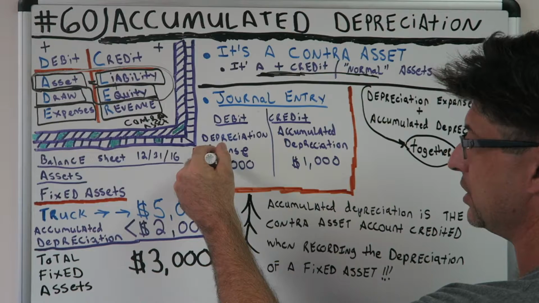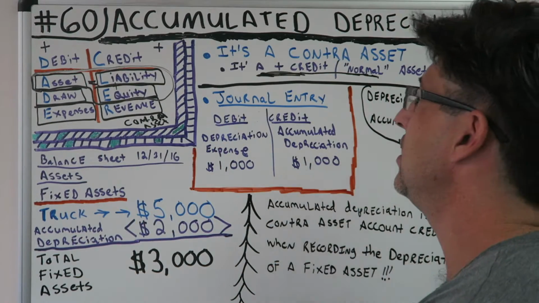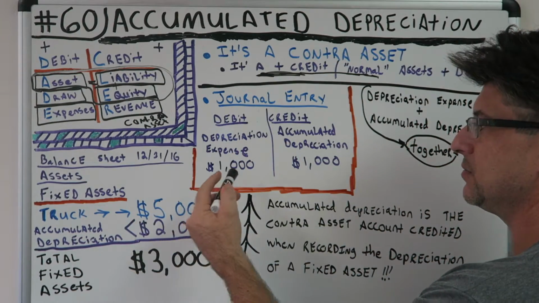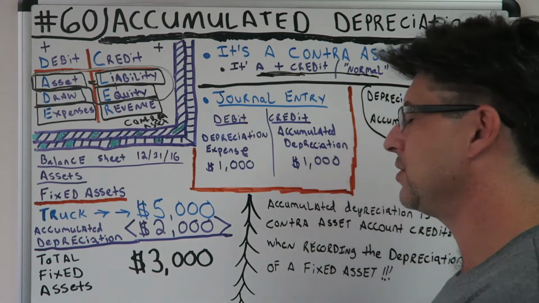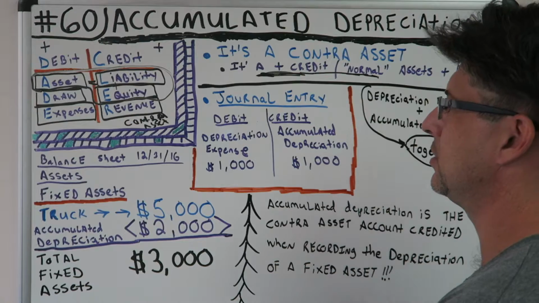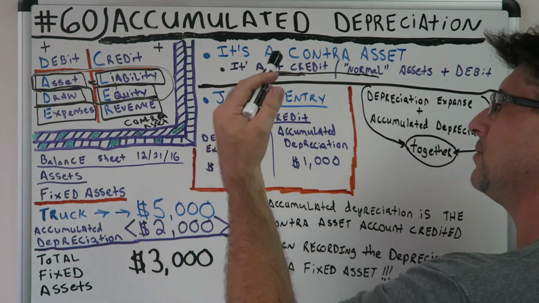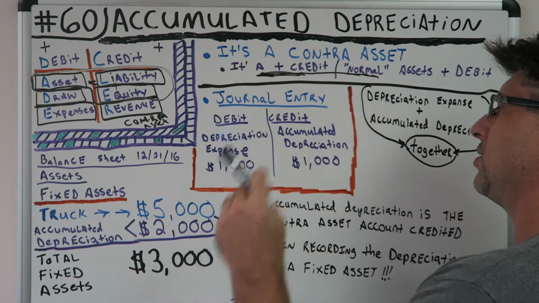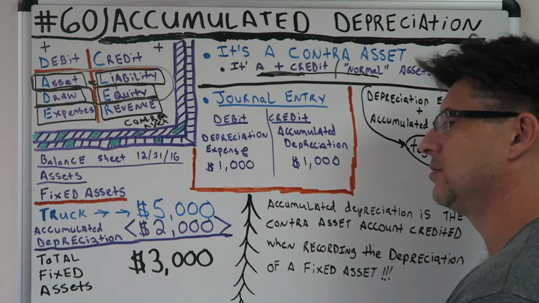You're going to debit depreciation expense. So in this one you have debit depreciation expense 1,000, credit accumulated depreciation of 1,000. That's going to be the journal entry.